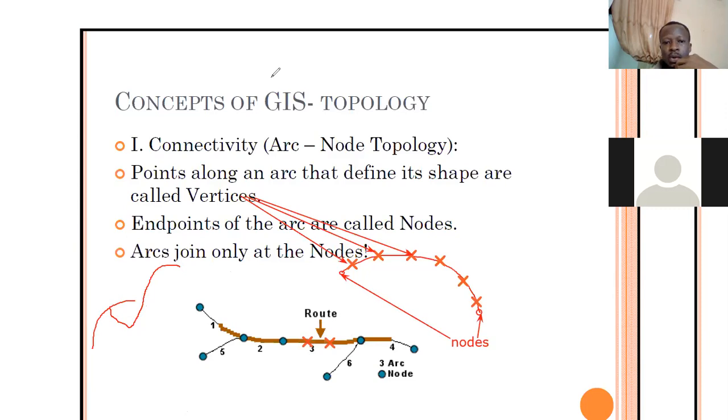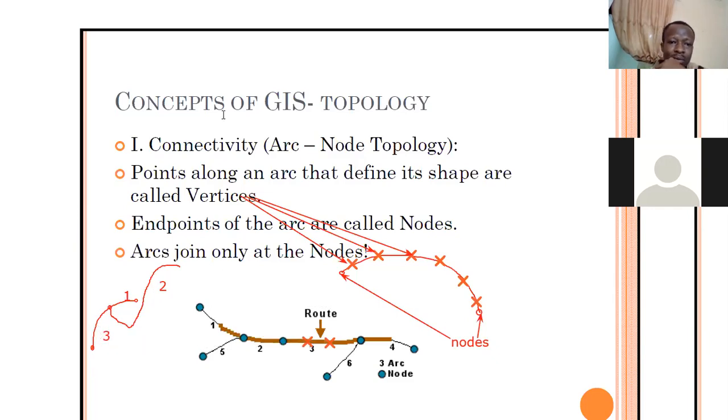According to the rules of topology, we should find a node here, and at this point this line should also have another node. So there are two nodes here which are connecting, and there should be a break for this arc. More or less, there are two arcs. So you have arc number 1, arc number 2 here, then arc number 3.